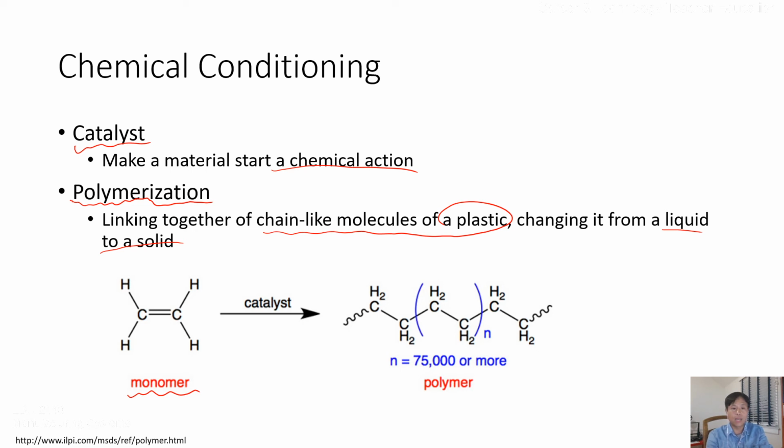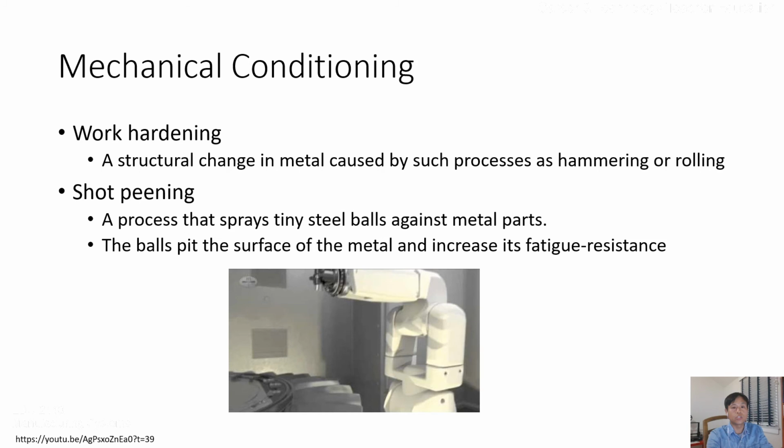This process is polymerization. Most plastics are made by this polymerization process with a catalyst. There are deeper areas in chemical conditioning, but in this class I just want to say these two elements, catalyst and polymerization, for chemical conditioning.